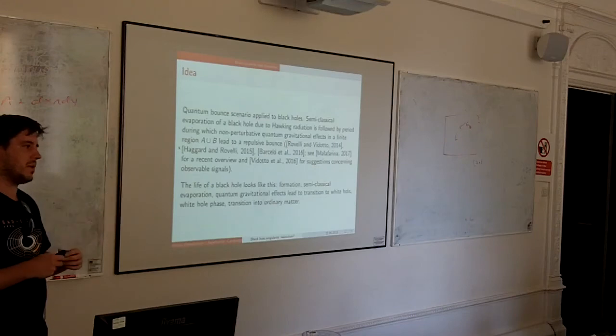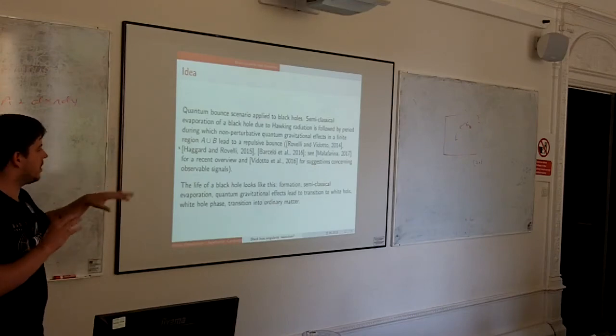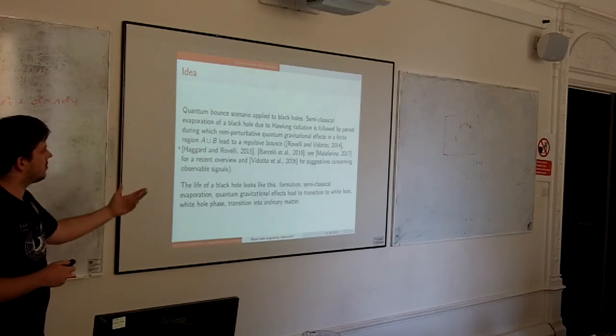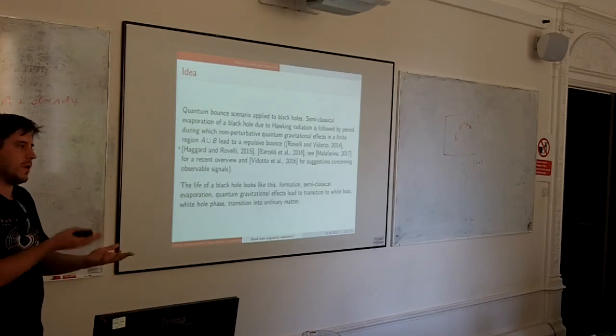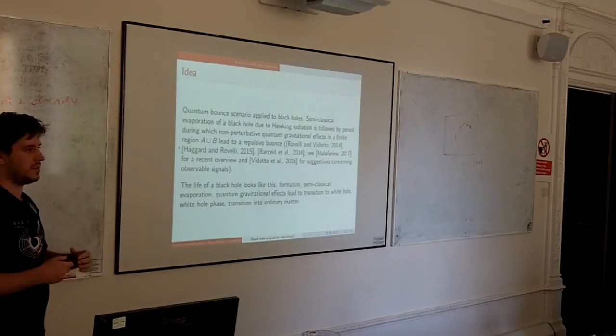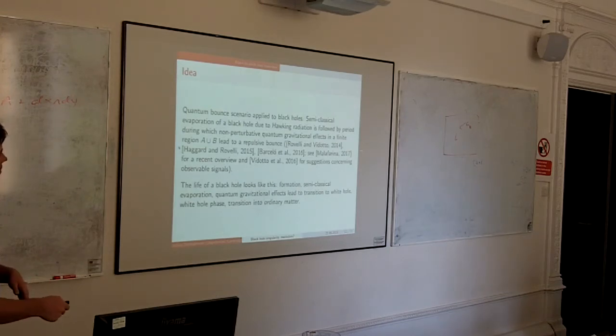Those quantum effects will be confined to a finite region consisting of two disconnected parts, and those quantum fluctuations, if you like, will lead to a repulsive bounce. And there's been a lot of work done on this. So if you have a spare afternoon, this 120-page overview paper will tell you more than you want to know.